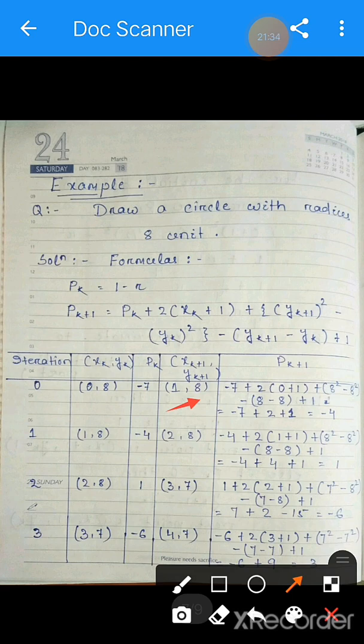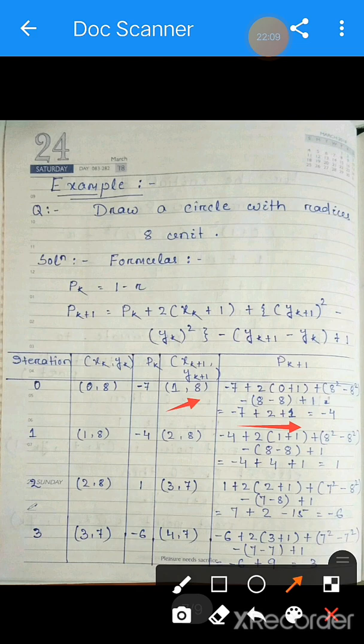That means 8 square minus 8 square is 0, and 8 minus 8 is also 0. So we get minus 7 plus 2 plus 1, that is 3, so minus 7 plus 3 means minus 4. Now we get the pk plus 1 value as minus 4. In the next iteration, this value becomes pk.